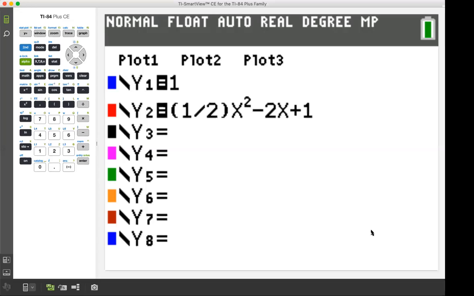See if you remember what you need to change. So I have first one, y1 is just 1, and then my second equation is the quadratic.